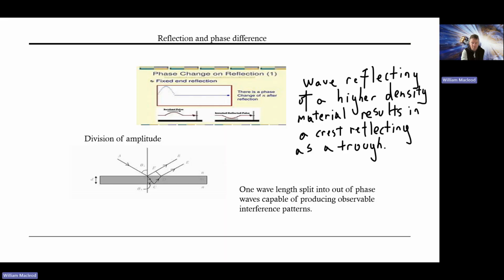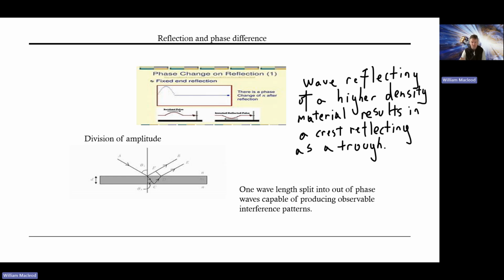Another couple of ideas which are interesting in getting constant phase differences, so you can get interference patterns, is the idea that when a wave reflects off a higher density material, such as light waves hitting glass, a crest reflects as a trough, and a trough reflects as a crest.